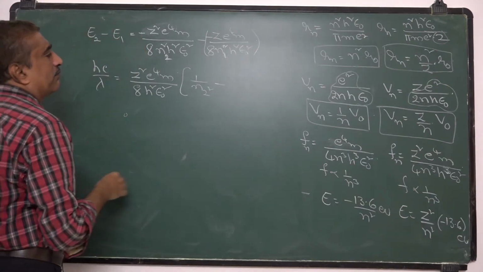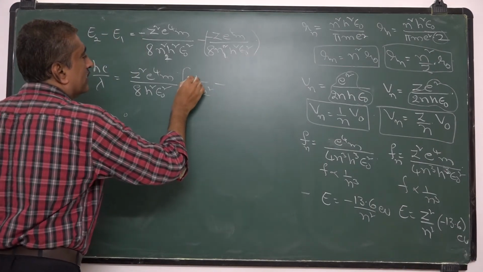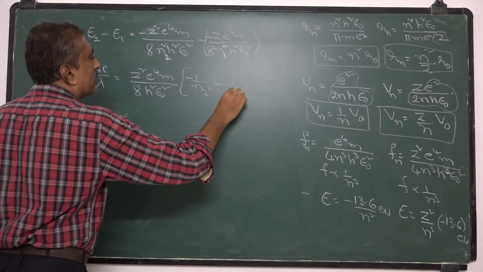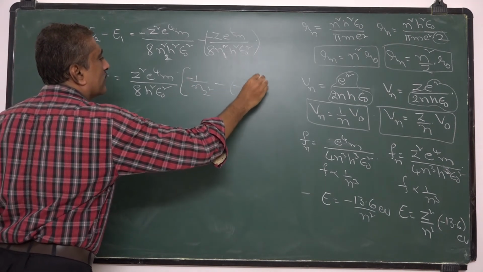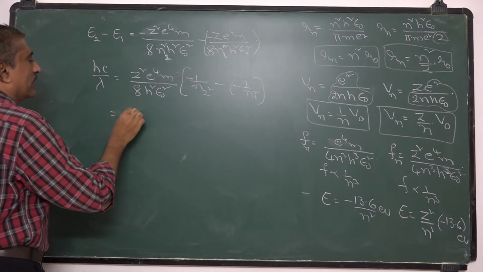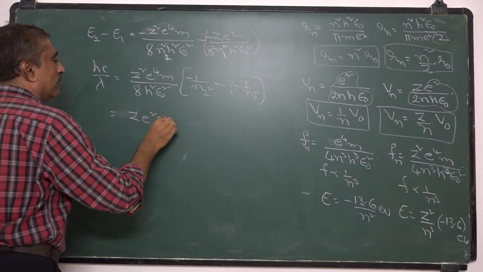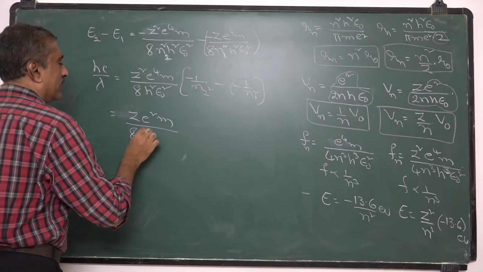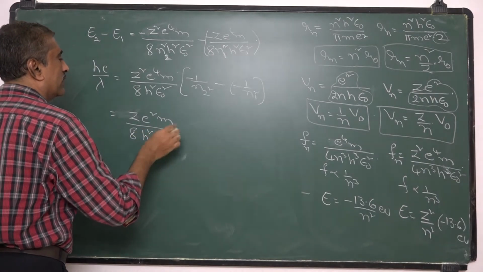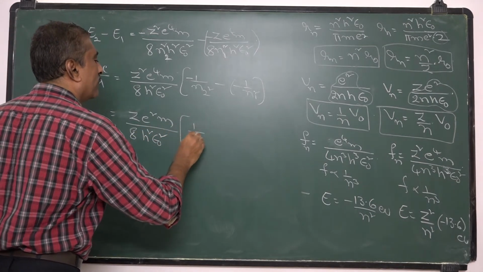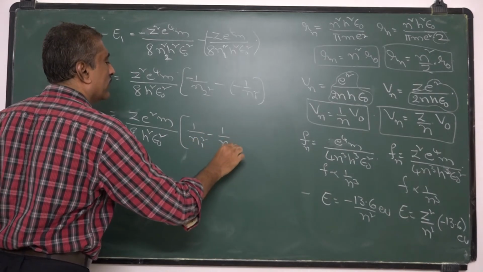Actually it is minus, so we write it as Z square e power 4 m by 8 h square epsilon naught square into 1 by n1 square minus 1 by n2 square.